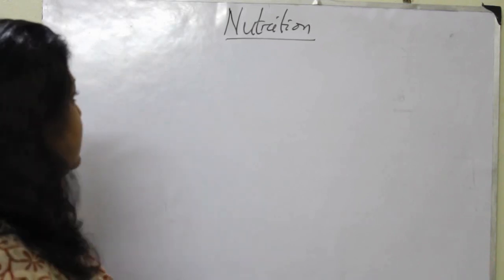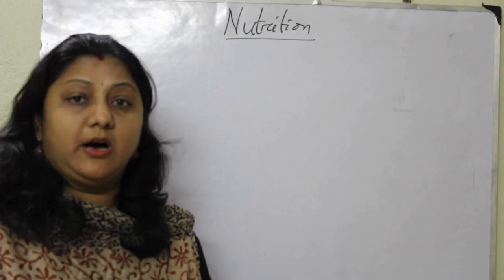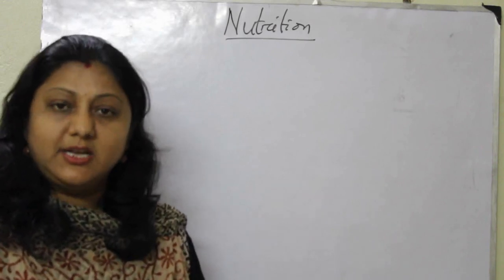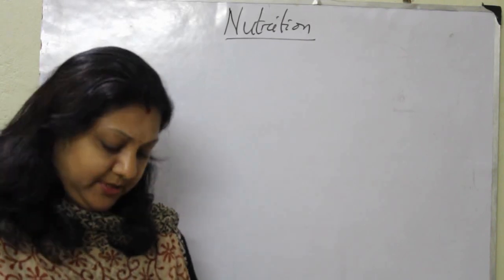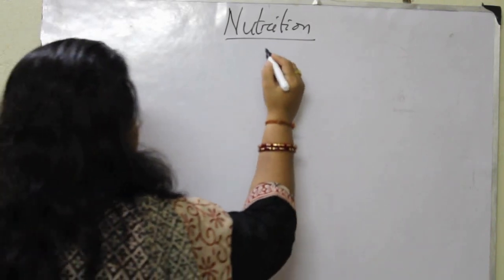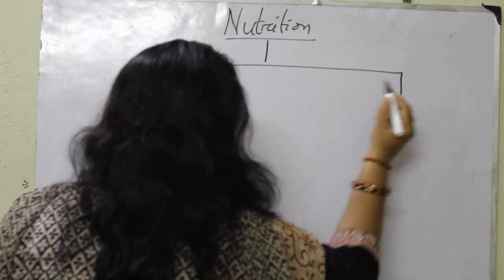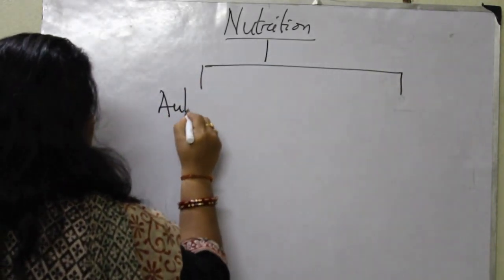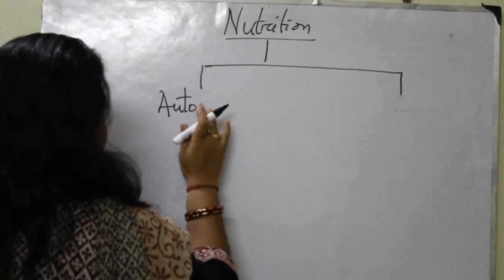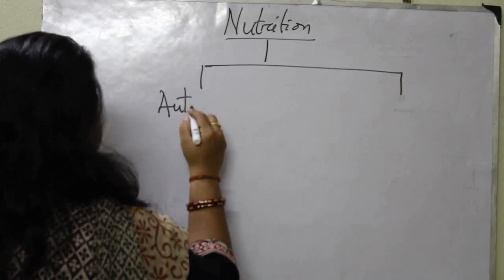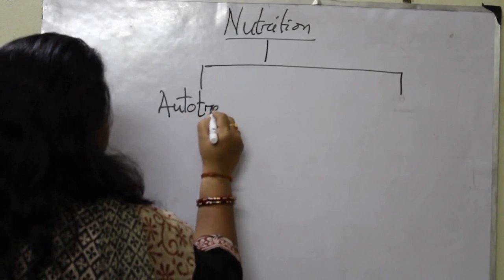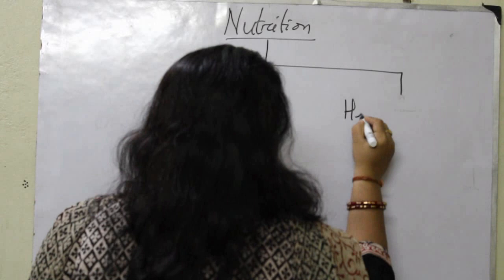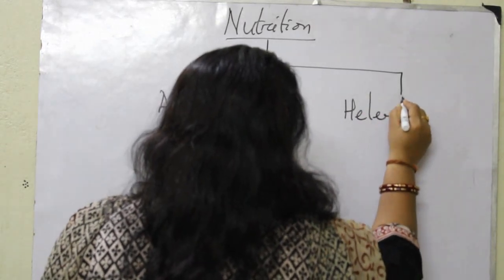So let us understand the different types of nutrition found on earth in different types of organisms. Nutrition is broadly divided into two types: one is autotrophic and the other one is heterotrophic.